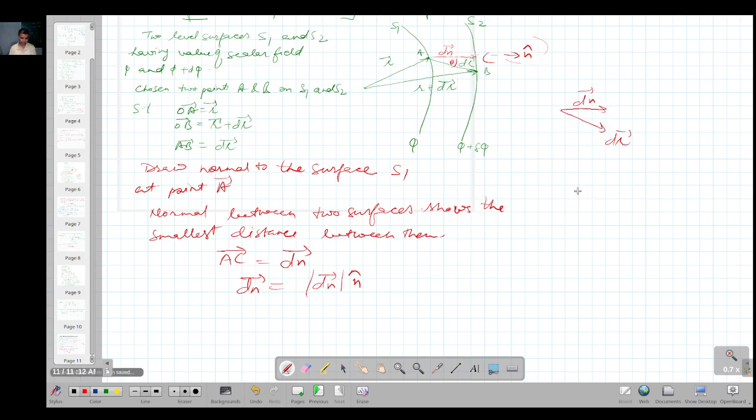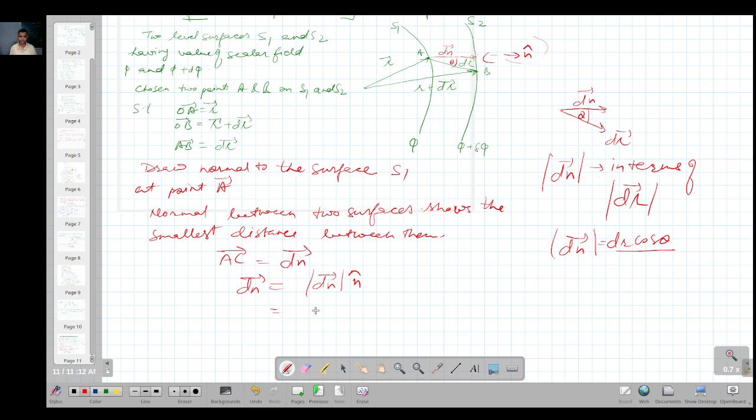So dn vector, its magnitude in terms of dr, if the angle is theta, can be written as dn magnitude equal to dr cos theta, and it is directed along n cap.